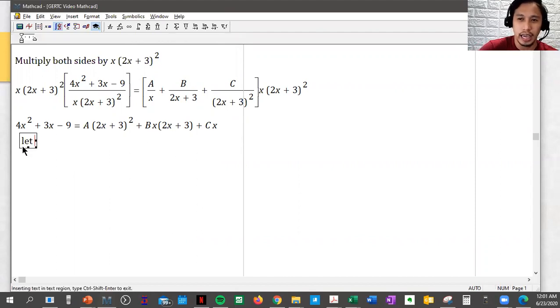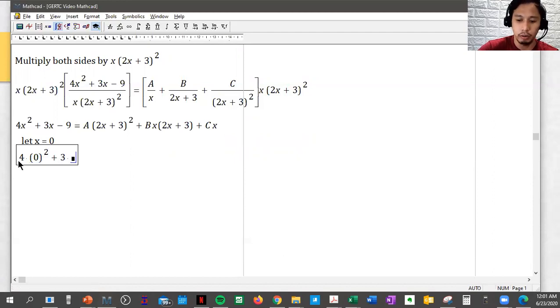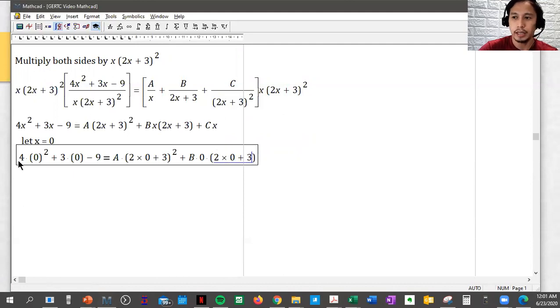So, letting x equal to 0, that will become 4 times 0 squared plus 3 times 0 minus 9, and that is equal to a times 2 times 0 plus 3 squared plus b times 0 times 2 times 0 plus 3 plus c times 0.